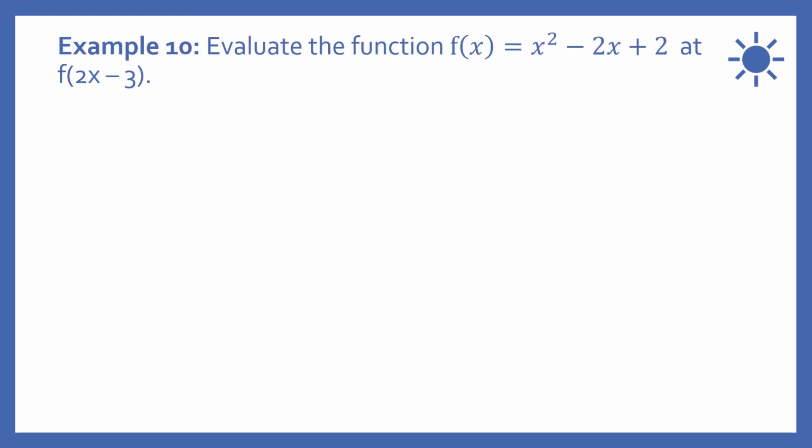Okay, finally, example 10, evaluate the function f of x equals x squared minus 2x plus 2 at f of 2x minus 3. So, ang value ng x natin this time ay 2x minus 3. So, in place of these x's, isa-substitute natin yung 2x minus 3.